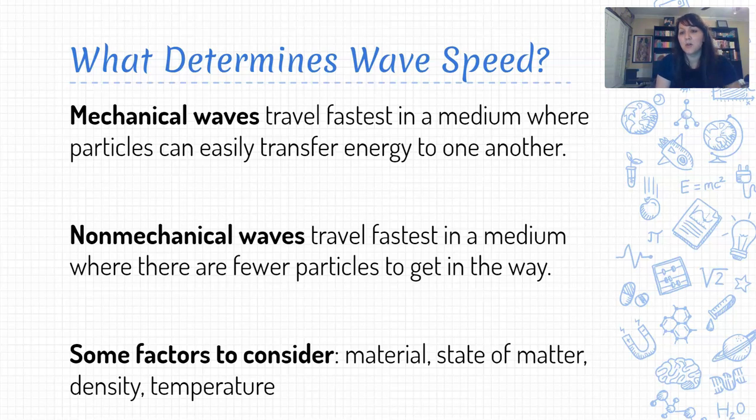It is easier for particles to bump into each other to transfer energy along than it is in air, where there's a lot of distance between our particles and it's less common for them to collide with each other. Okay, density, as I've already mentioned, and temperature, which influences how quickly our particles are moving and how readily they are able to collide. So those are some of the ways that the characteristics of our medium really determine the speed of the wave traveling through that medium.